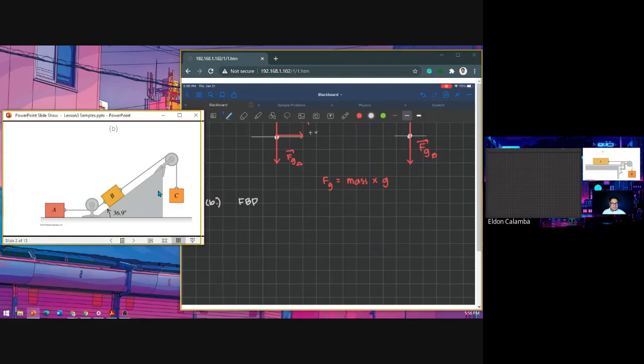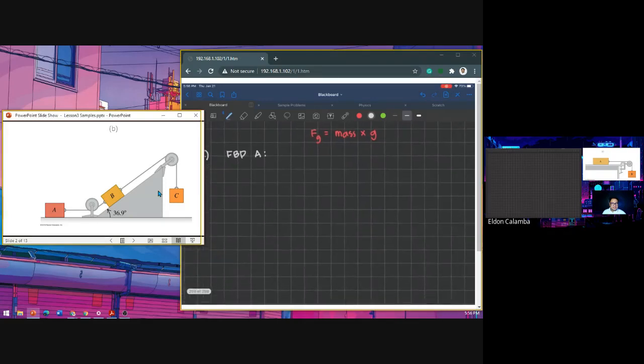FBD A. Yan. SOP, you have your X and Y. Ayan. And then, the point particle. So, si A, nasa surface. So, merong normal force. Always pataas for this case. Nasa 90 lang. Nasa positive Y lang. Pataas ng ating floor. So, Fn, normal force kay A. Next is my tension force. Nasa right.